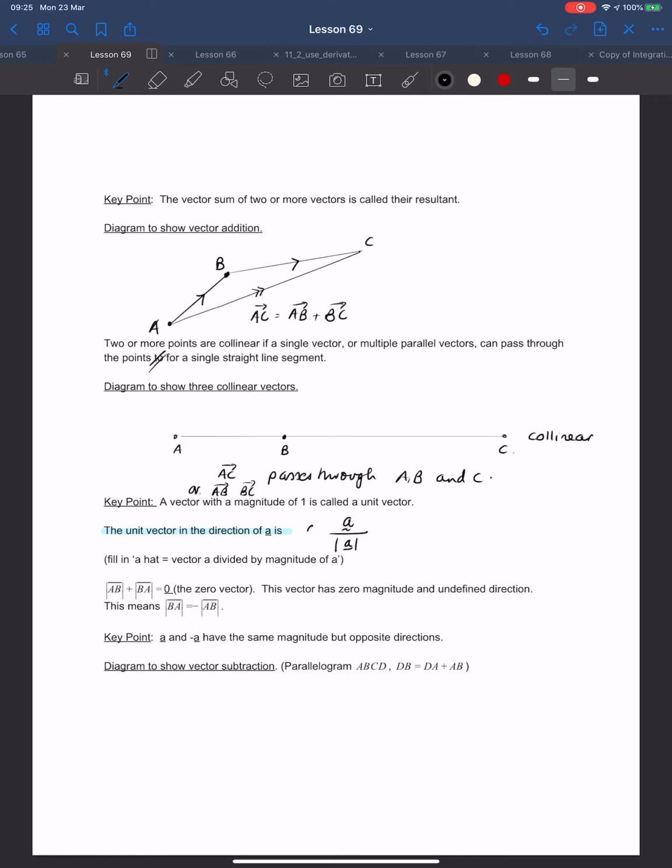We denote that as A hat. A hat means it's a unit vector in the direction of A.